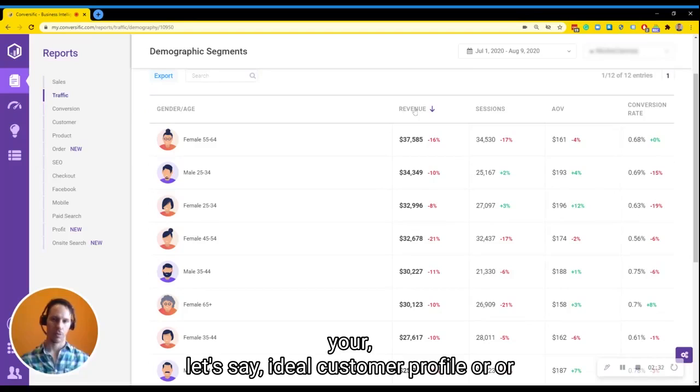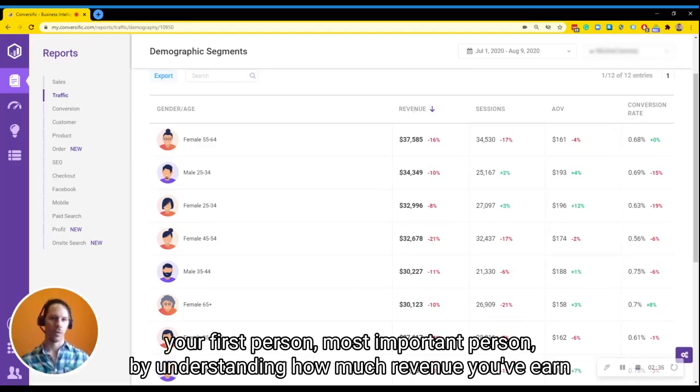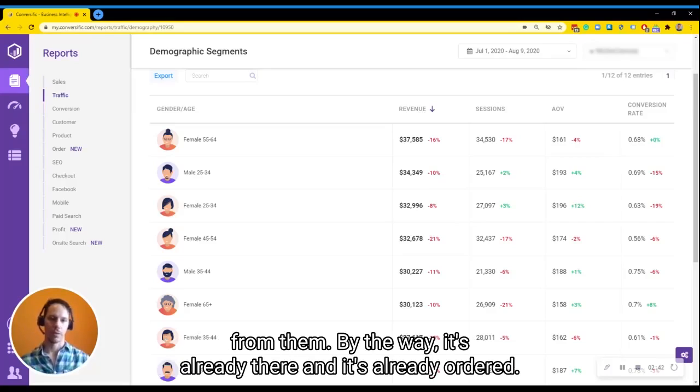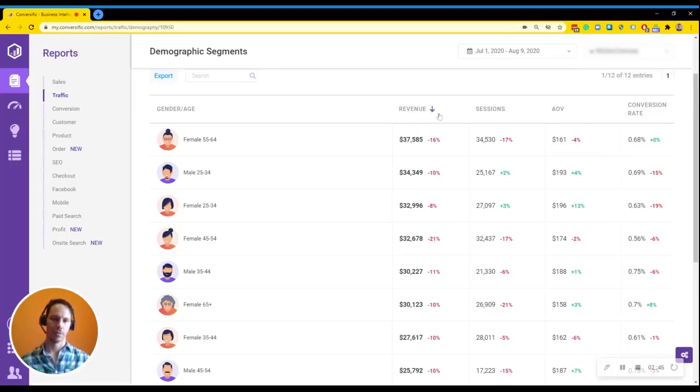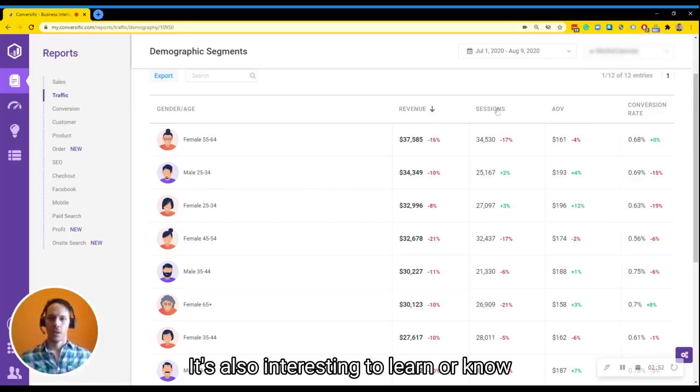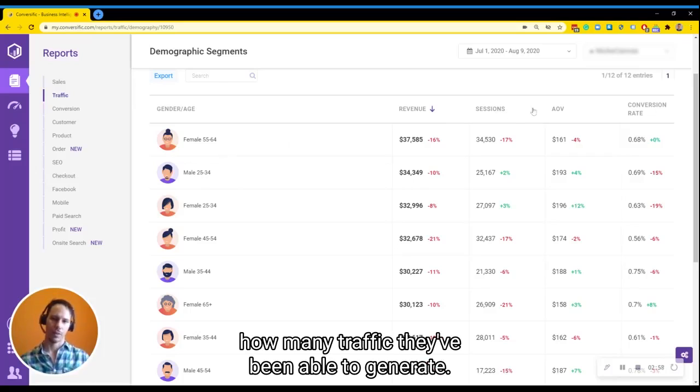So if you'd like to base your ideal customer profile or your first persona, your most important persona, on how much revenue you've earned from them, by the way, it's already there and already ordered. So female 55-64, male 25-34. It's also interesting to know how much traffic they've been able to generate.